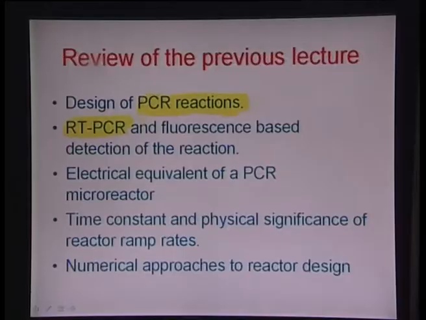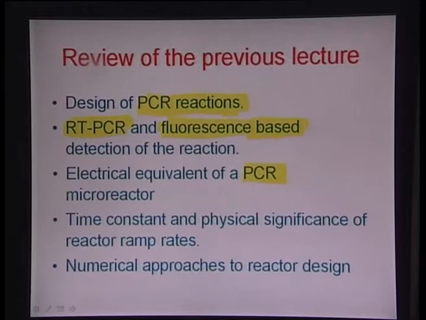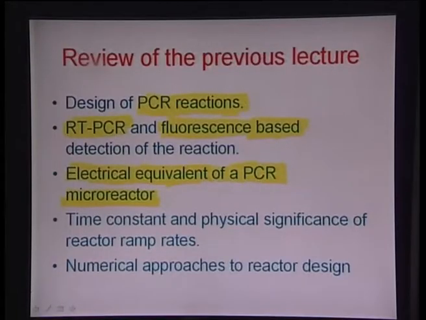We also tried to design PCR microreactors. PCR, because of the rapid thermal cycling associated with the process, can be very easily translated onto a microchip level, and there are a lot of benefits to doing this, one of them being rapidity, because you are trying to heat up a very little mass of fluid in such a microchip architecture by going into a thin surface film.